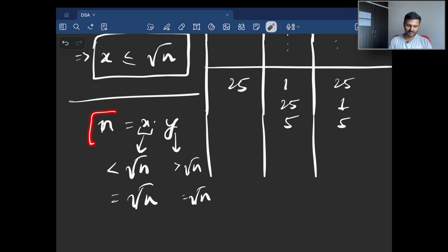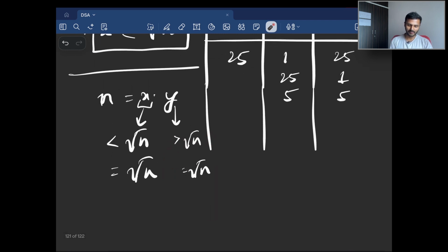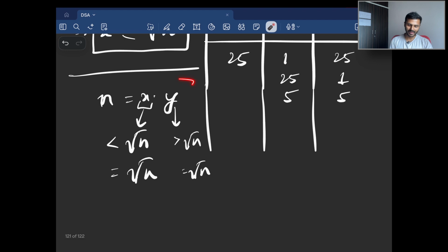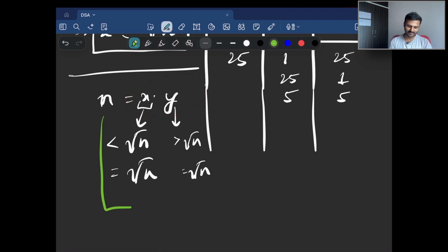So, summarizing, what did we get? If we have an integer, say n, it can be represented as a product of two integers, say x and y. And one of the integers will be either less than root n or will be equal to root n. And so the other integer will be either greater than root n or will be equal to root n. But in summary, for n which is equal to x multiplied with y, one of the integers is less than or equal to root n, right?